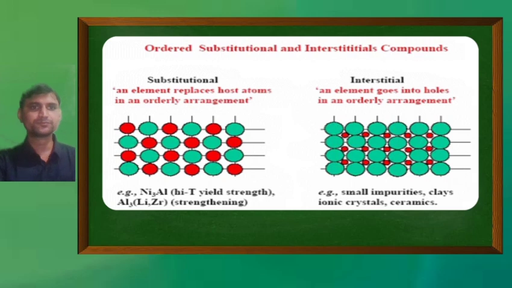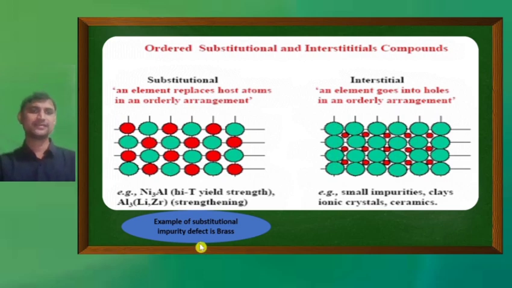In substitutional impurity defect, the host atoms are orderly arranged. For example, brass: these are the ions of copper, the hosts, and the place of a host is taken by a zinc cation.